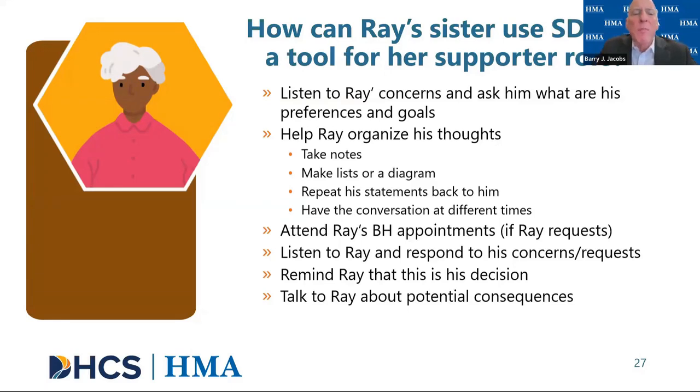And part of that may involve taking notes for the respondent, making lists or drawing a diagram for the respondent, doing a little bit of what we call reflective listening and reflecting back to Ray some of the statements that he has made so that Ray could hear kind of what this sounds like and to help him take in what the meaning, what the consequences of these choices may be.